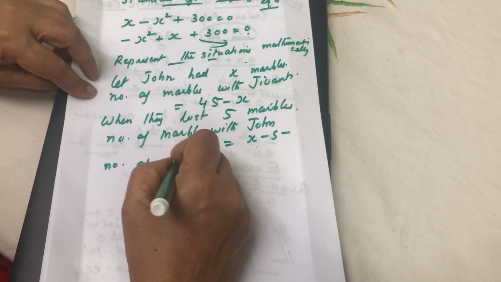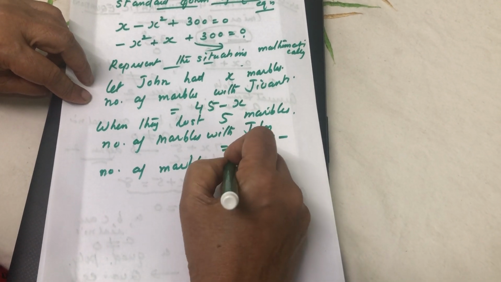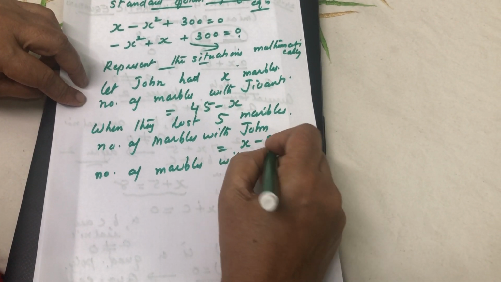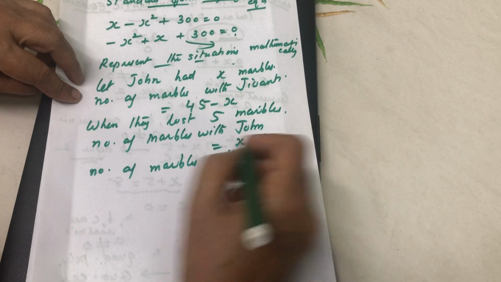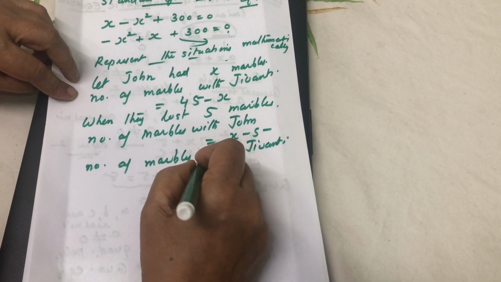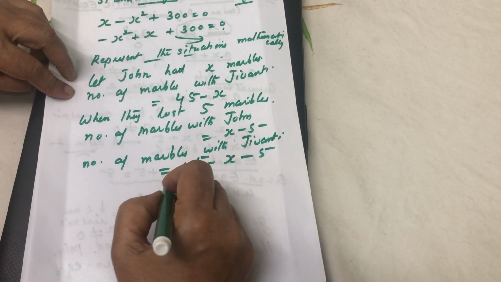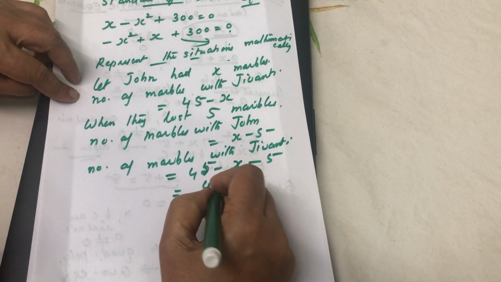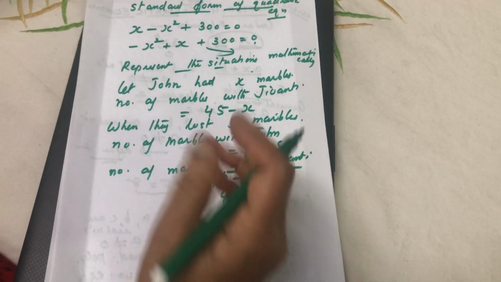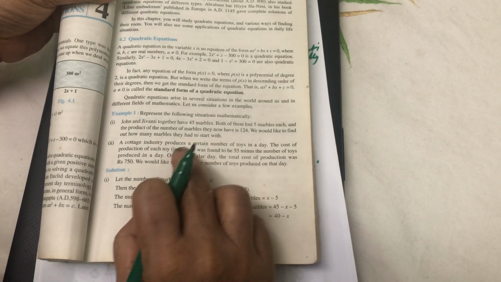The number of marbles with Jivandi is 45 minus X minus 5. 45 minus 5 is 40, so 40 minus X.